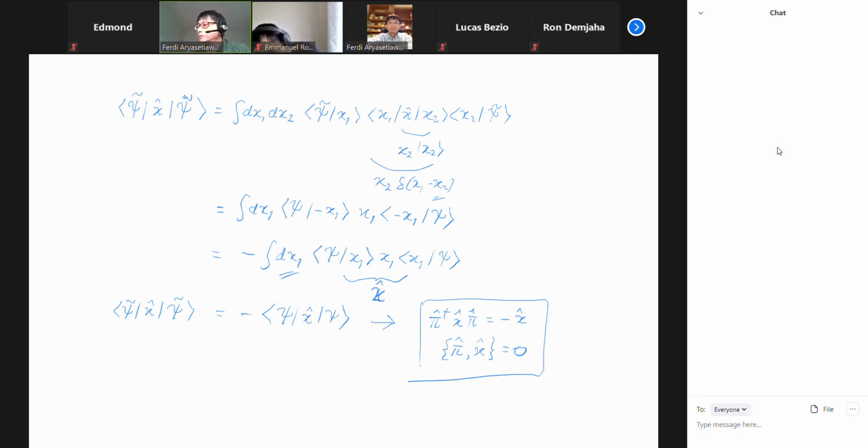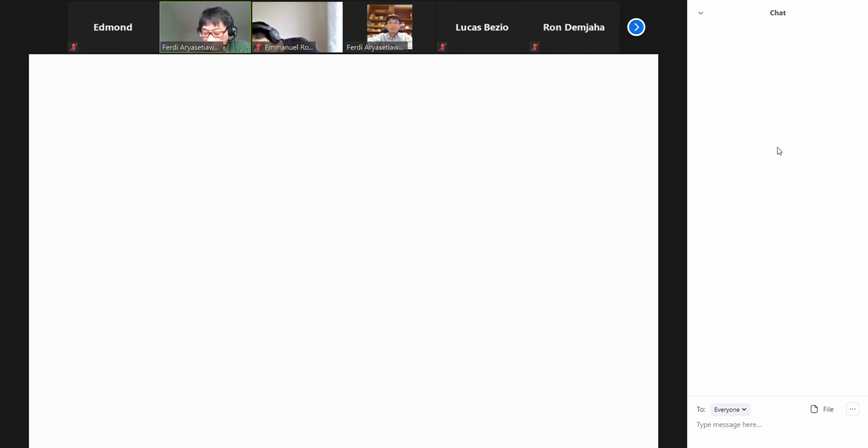Okay, still have 5 minutes here. We can continue. We can also figure out the commutation relation of the momentum operator with respect to the inversion. So we expect that it will be the same as the position operator, but let's check that. To show this, we use our translation operator.